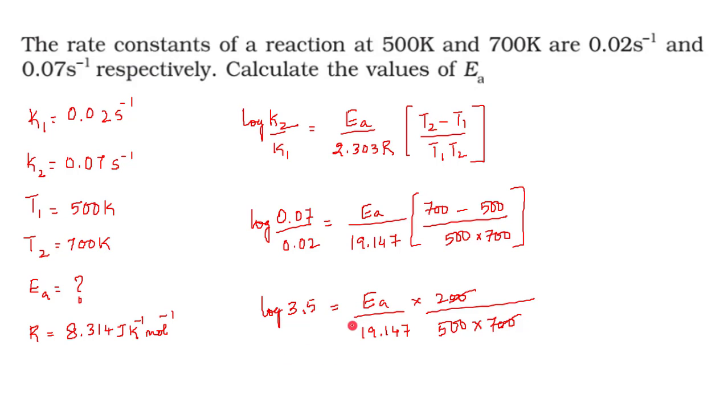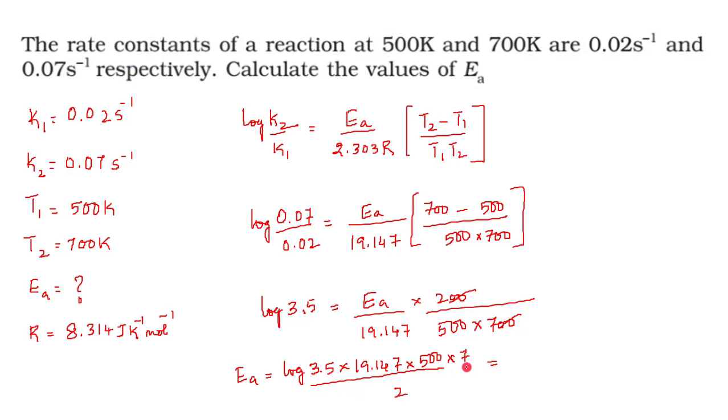So after rearrangement, we have to calculate EA. So EA becomes equal to log of 3.5 multiplied by 19.147 into 500 into 7 divided by 2, right?